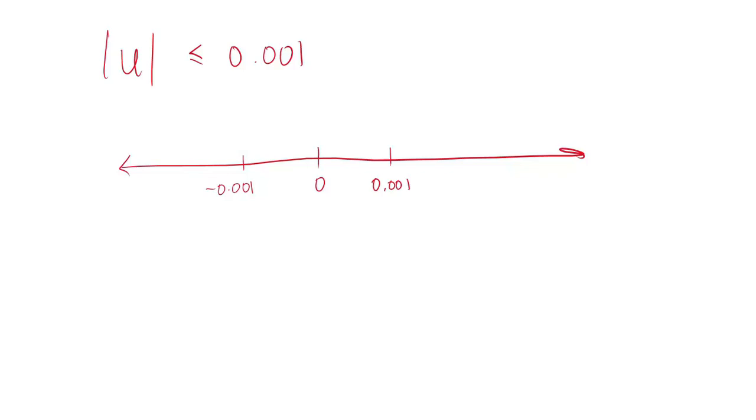We want our distance to be less than or equal to that. So now we want the numbers in between those two bounds. So we get another one of those compound inequalities. We know that the value of u has to be between negative 1/1000th and positive 1/1000th.